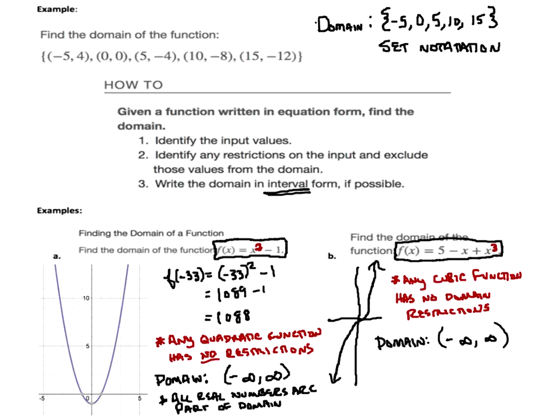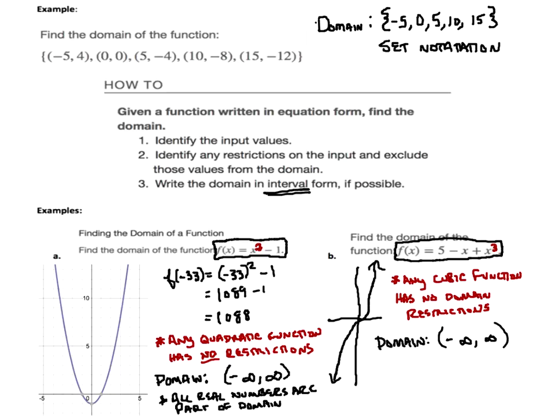Now we can certainly take a look at a graph that does not have a domain of negative infinity to positive infinity. And we'll take a look at those in a little bit, but a good rule of thumb to remember is anytime you have what we call a polynomial equation, it's always going to have a domain of negative infinity to positive infinity, as long as nothing crazy's been added in there like dividing by an x, but then it becomes a rational function.